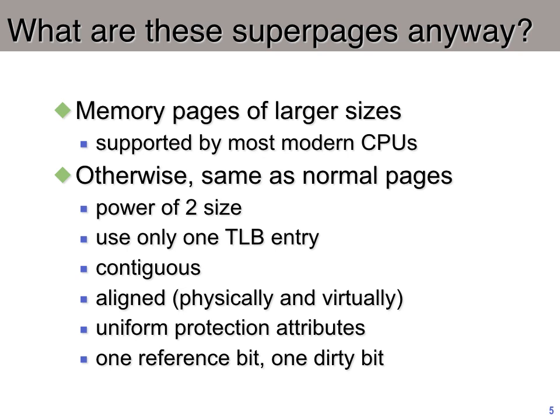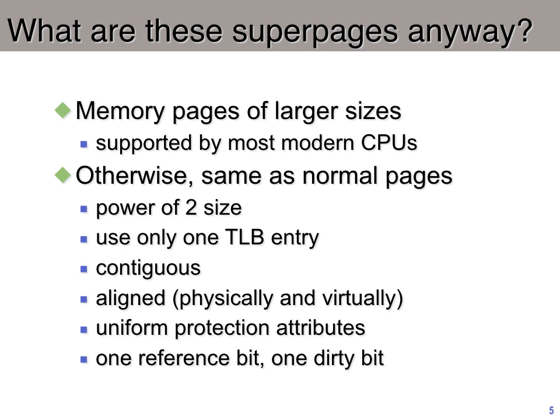Normally superpage sizes are powers of 2 times the base page size. So for example, you can have a superpage of size 4 kilobytes, or 2 times 4 kilobytes, which is 8 kilobytes, or 4 times 4 kilobytes, which is 16 kilobytes, and so on. But you cannot have a superpage of, say, 12 kilobytes, which is 3 times 4 kilobytes, because 3 is not a power of 2.